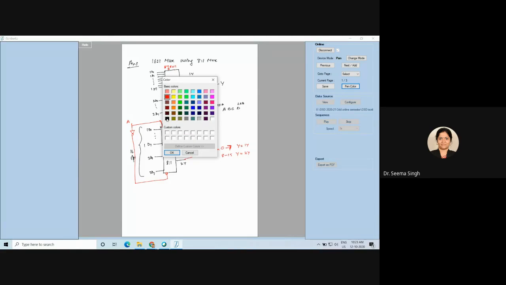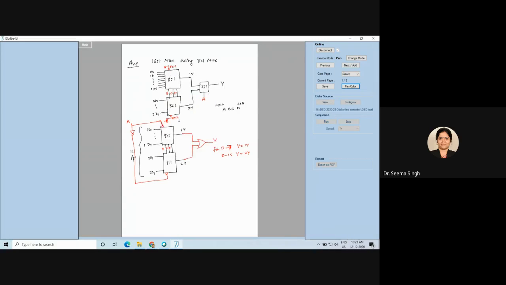if you have understood this OR question, you should be able to do this question on your own. What I am asking is, implement the function of x, y, z equal to summation of 0, 2, 6, 7 using, because this is your first design question, an 8:1 mux.